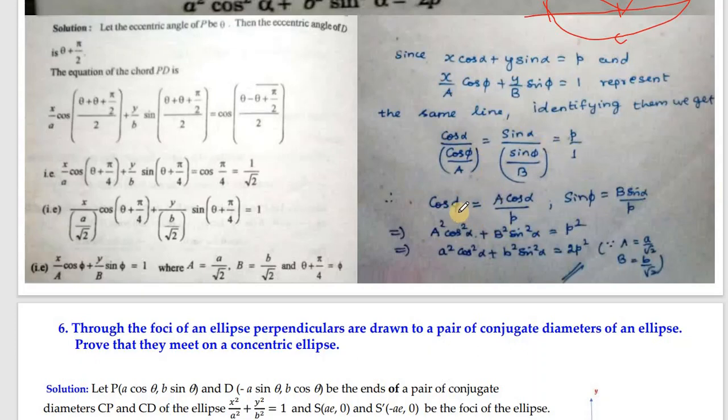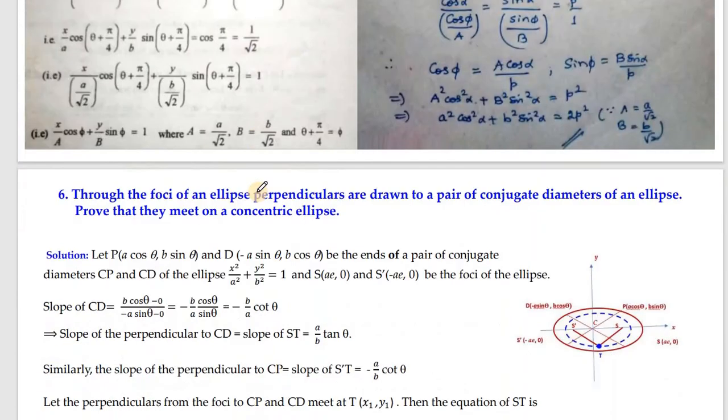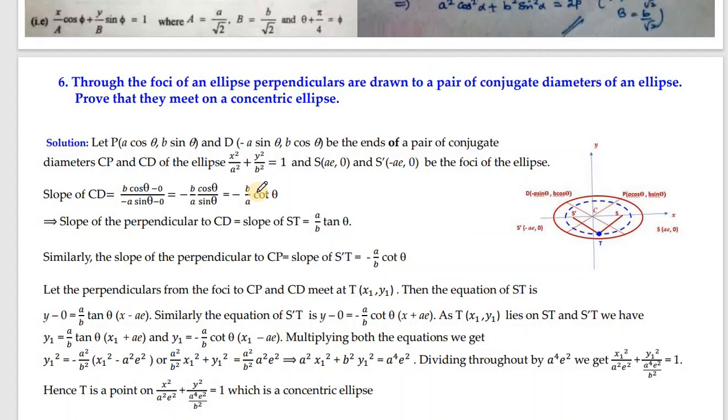So that cos square phi plus sin square phi is equal to 1 is known. So that is what is done here, and it is not a locus problem. So understand each and every problem, the technique of each and every problem that we do.